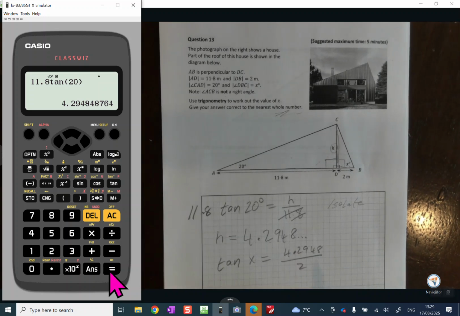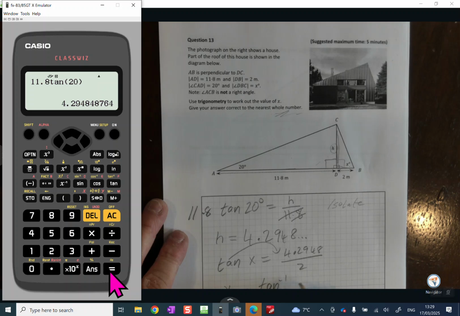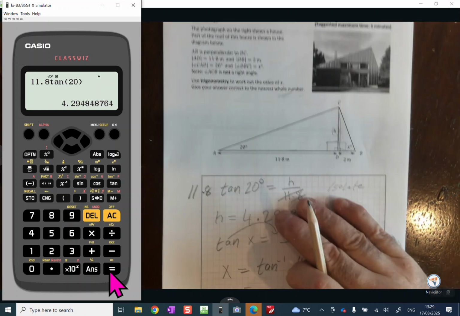Okay, and we want to do an inverse tan. So x is the inverse tan of this side. The tan comes over and turns into inverse tan. So we've inverse tan of 4.2948 over 2, and we'll see what the calculator does for us now when we key that in.